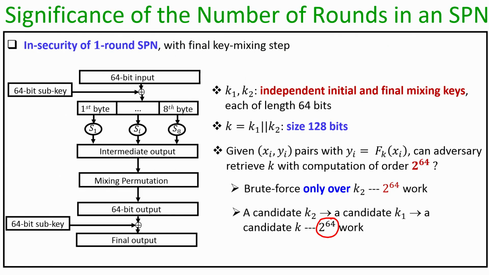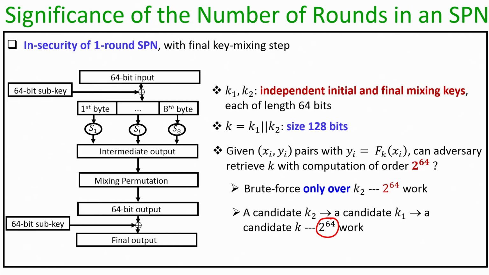So, in practice, as we are going to see in our subsequent lecture in the description of DES, it turns out that we have to use an R round SPN where R is significantly large. In fact, in the context of DES, the number of iterations that we are going to use is 16.